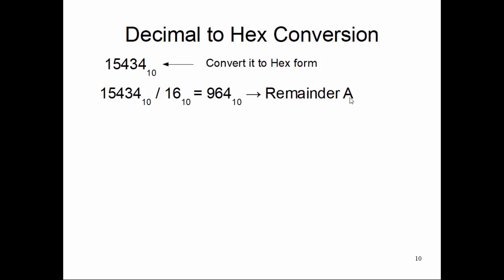It doesn't matter whether we write a capital A or a small a, it is the same thing. Whatever is convenient for you to write down, we can, but stick to one convention. If you represent everything with a lowercase a, b, c, d, f, you stick to that. You don't mix up.